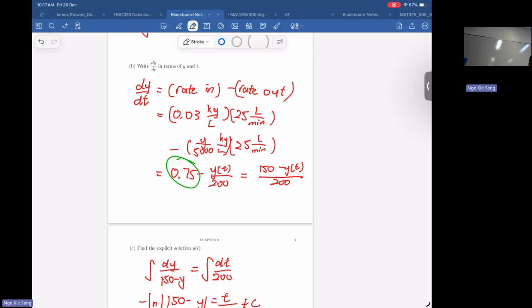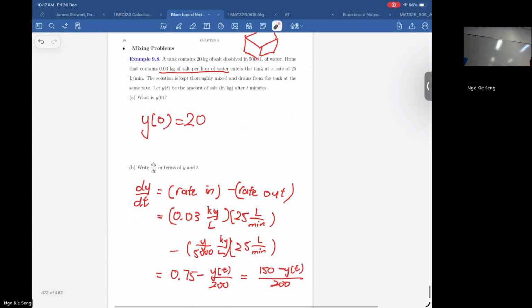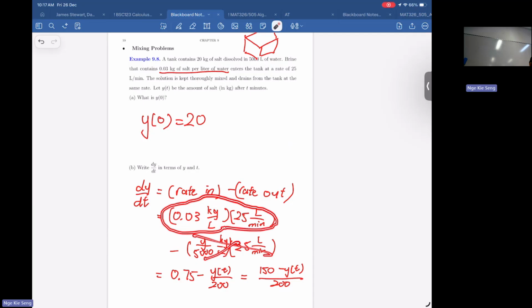Just rate in. So this y, what happened to this one? Wait, let me think. There's no such term. But then it's a different system, right? Because there's no water going out actually.